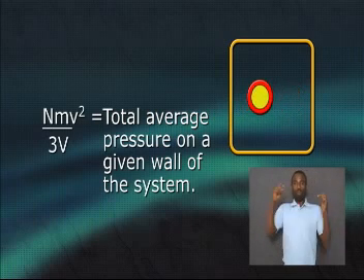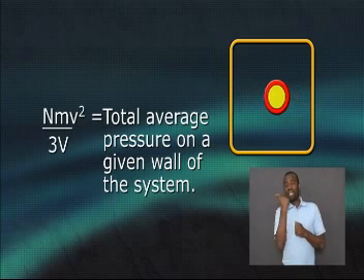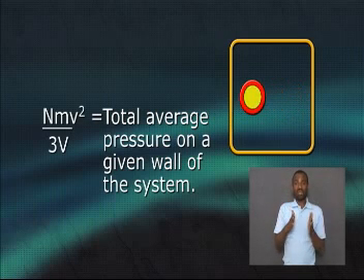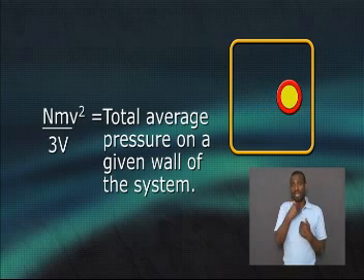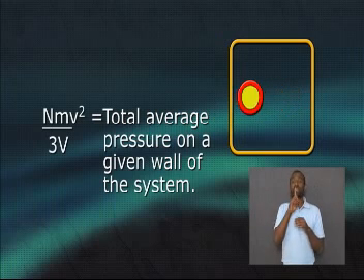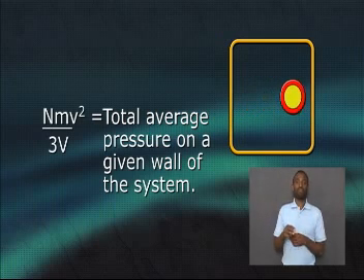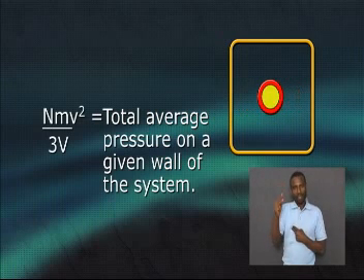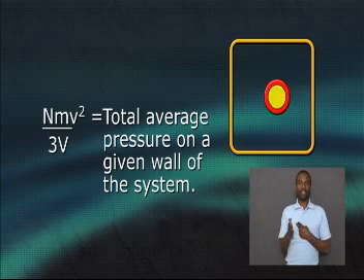Another 1/3 will be colliding with the other 2 sets of walls in the system. The total average pressure on the shaded wall is therefore the number of particles times mass times velocity squared divided by 3 times the volume.